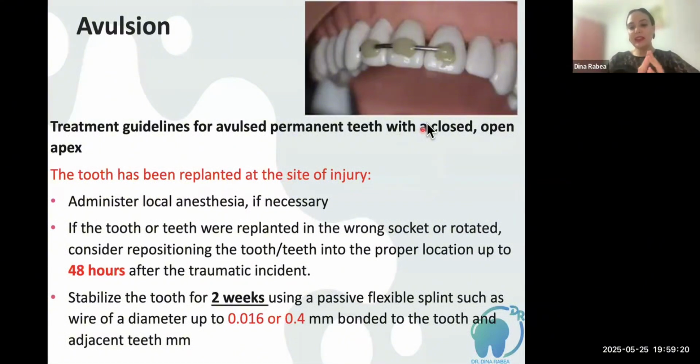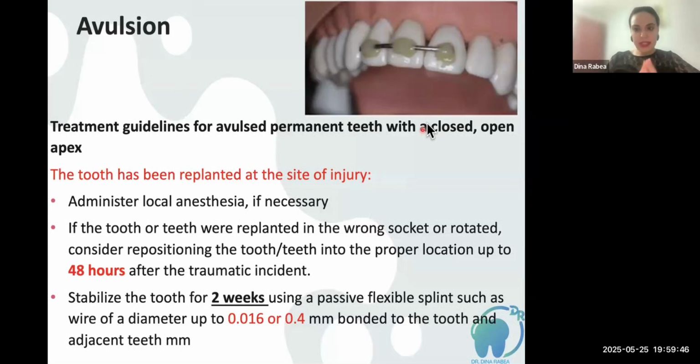And if the teeth were planted in the wrong socket, for example, a lateral incisor was knocked out together with a central incisor, and the parent implanted the lateral in the socket of the central and the central in the socket of the lateral, you have to interfere and remove the teeth and replant them in the right position, only if this happens within 2 days of the traumatic dental injury.